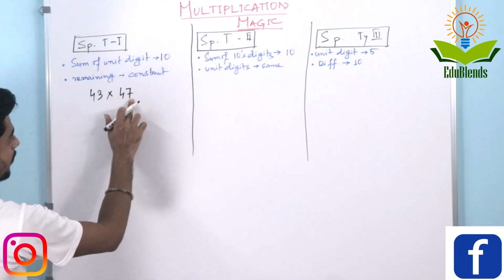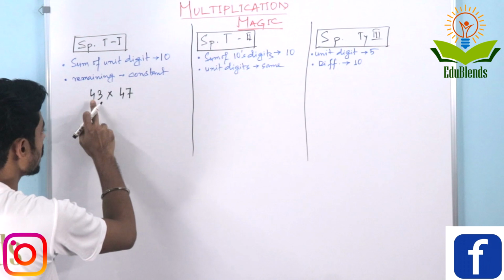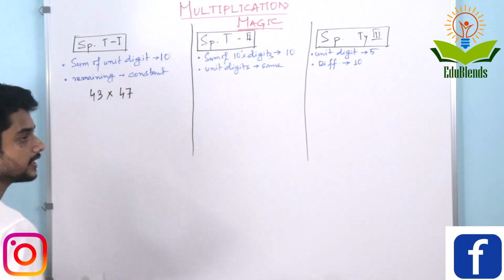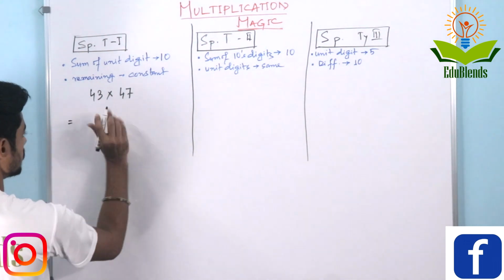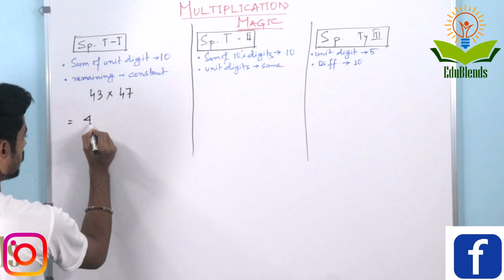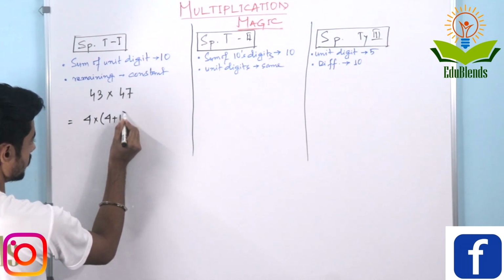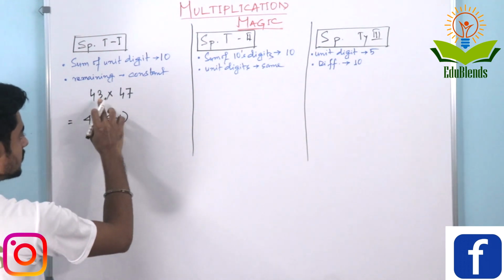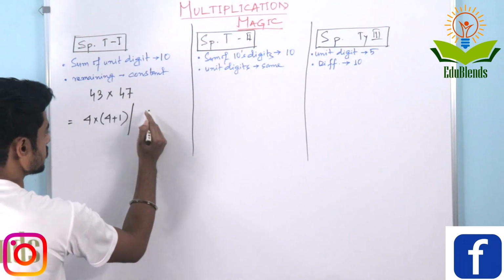See, sum of unit digits is 10 and remaining constant 4. So what we can do to obtain the answer to this kind of problem: first digit is 4, you need to do 4 into 4 plus 1. Okay, and simply multiply the unit digits, 3 into 7.